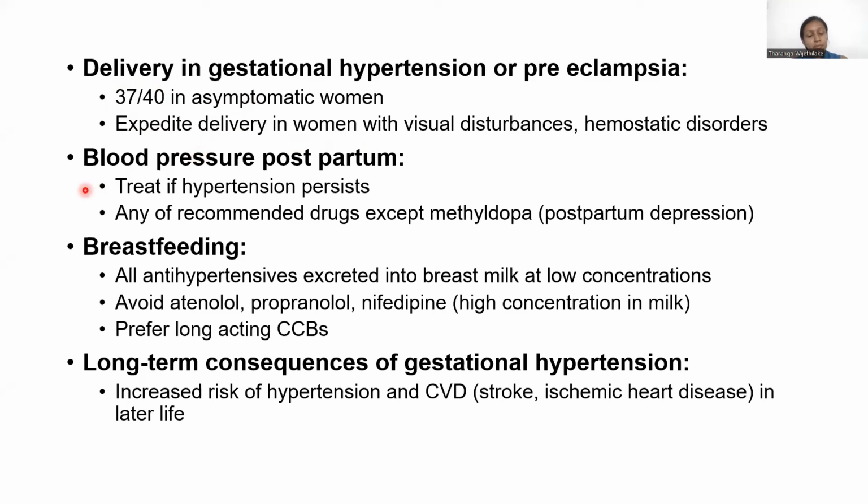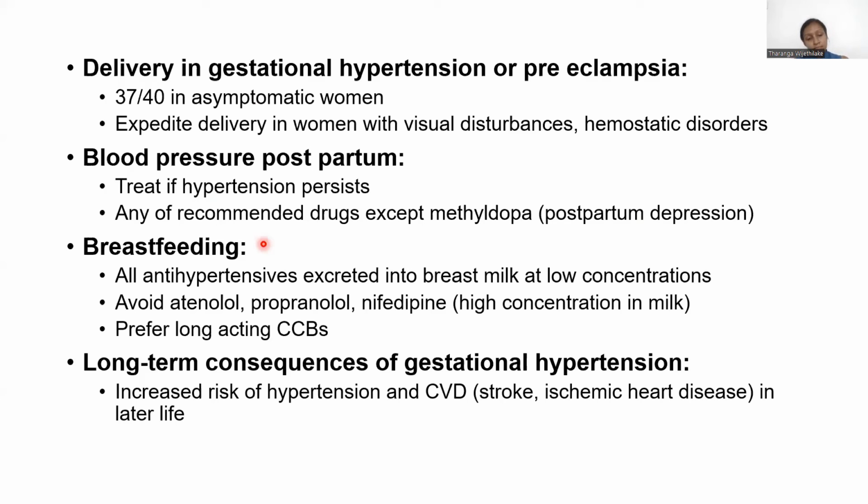And then what about postpartum mothers who come? If the hypertension is persisting, you need to treat them. Methyldopa is generally avoided because it can result in depression. What about breastfeeding? Mothers have these concerns. They would ask, I'm breastfeeding, what can happen to my baby?